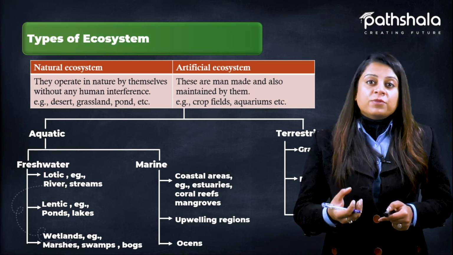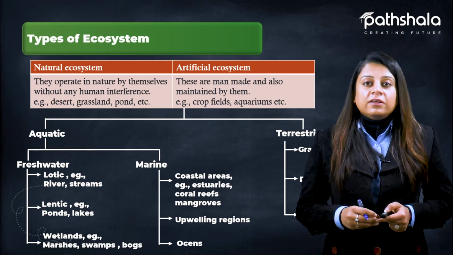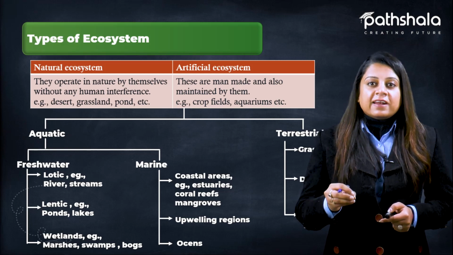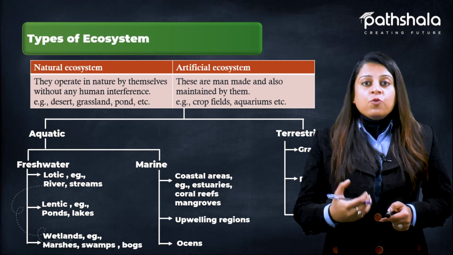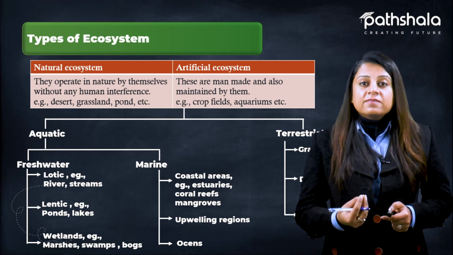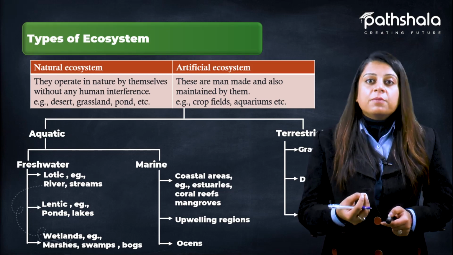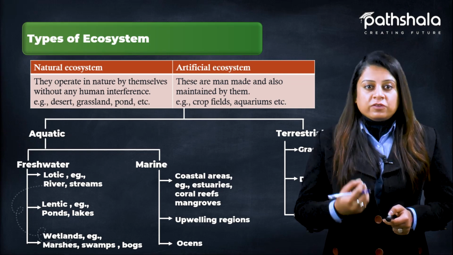These stones form the non-living component. Then you put in the fishes or other aquatic organisms. So in this way you are maintaining an ecosystem, and this ecosystem which is maintained by human beings is termed an artificial ecosystem.